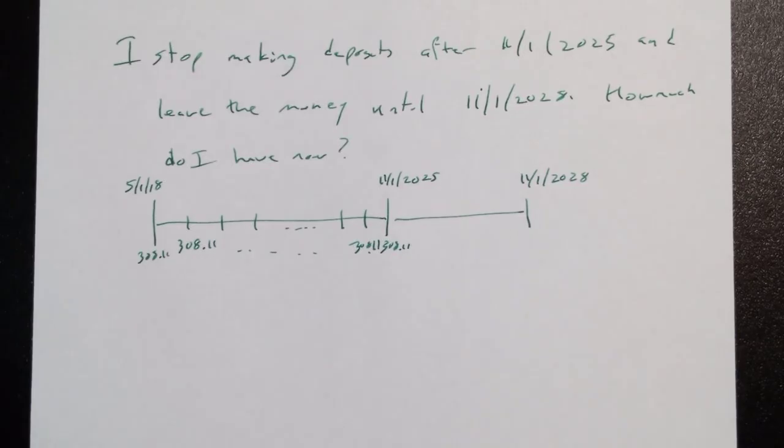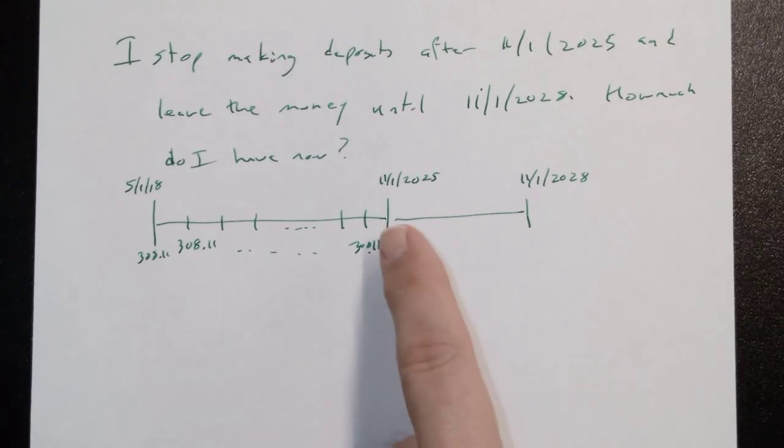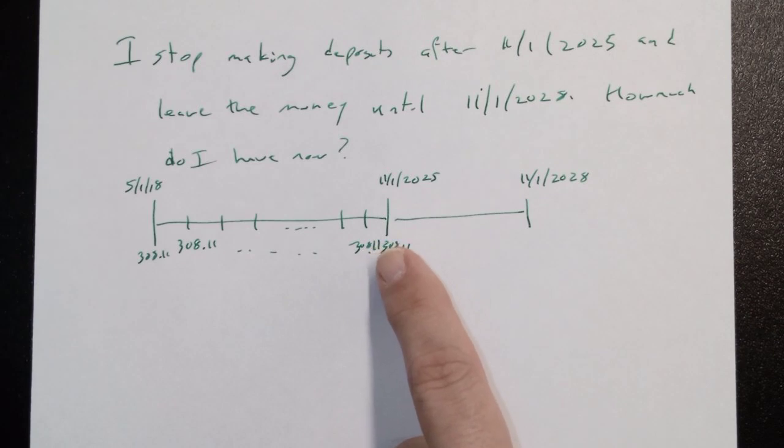Money's just sitting in the bank, right? So it's just going to earn interest. How much money was in the bank at this point in time? So all I have to do is take the future value of that 7,000, right?